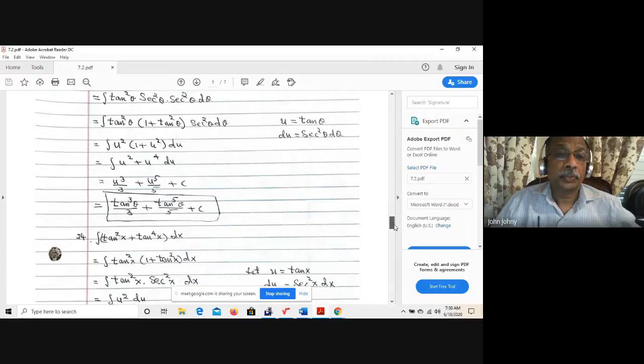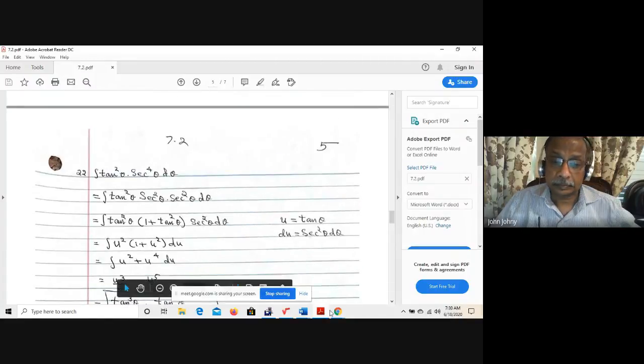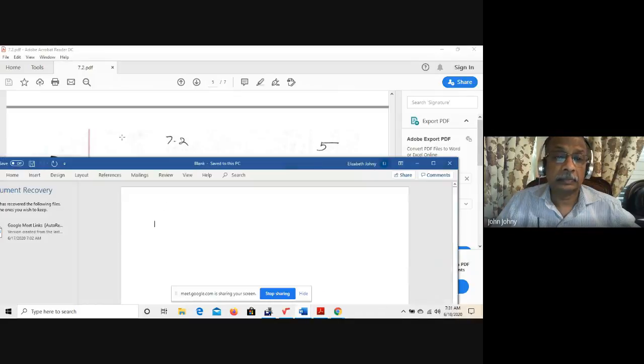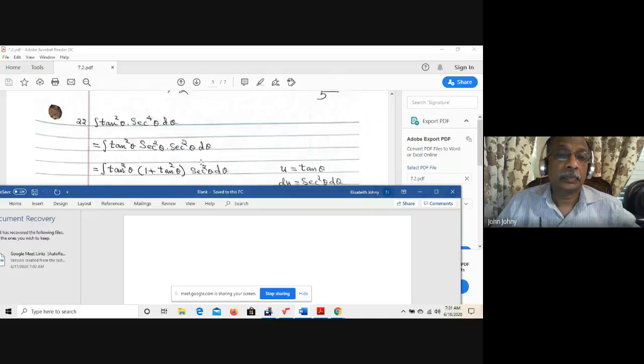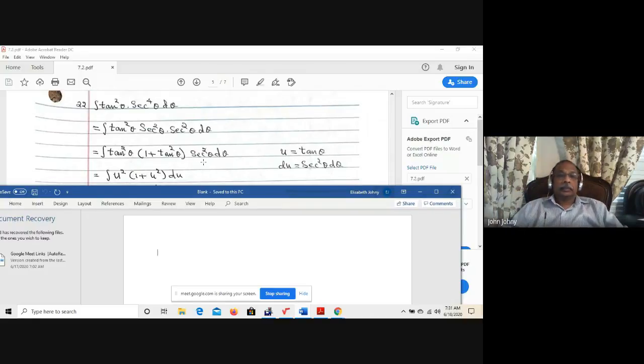Okay, number 22. Question number 22. Tan squared theta times secant to the 4 theta d theta, that is tan squared theta times secant squared theta times secant squared theta d theta. Secant squared theta is 1 plus tan squared theta, then secant squared theta d theta.